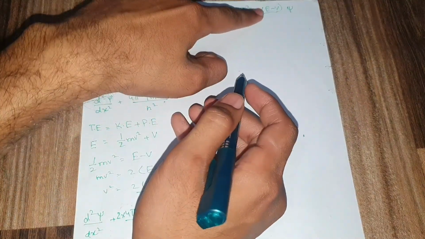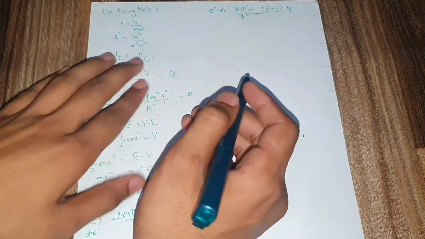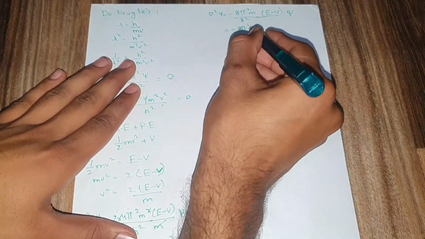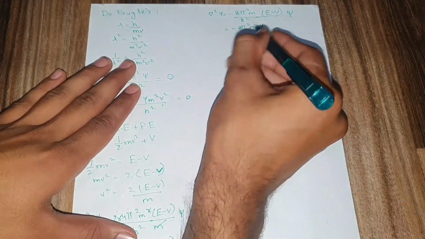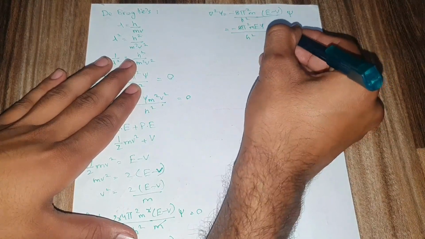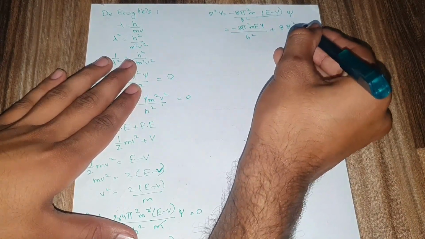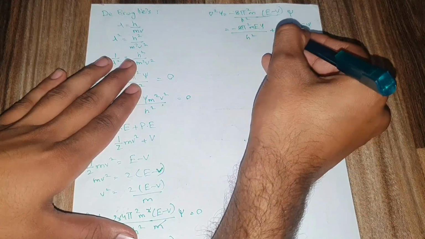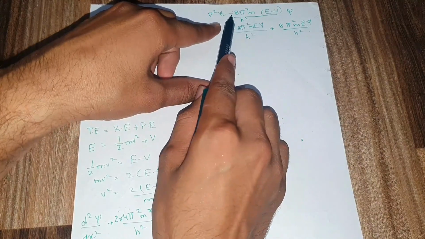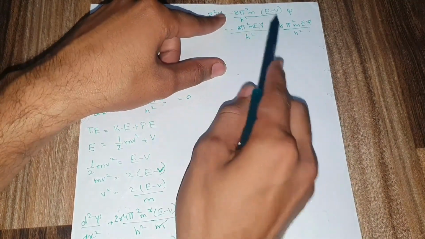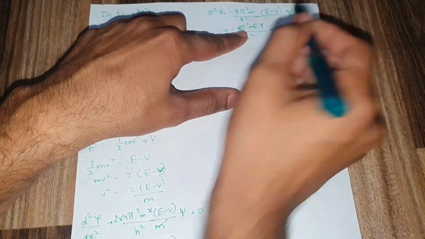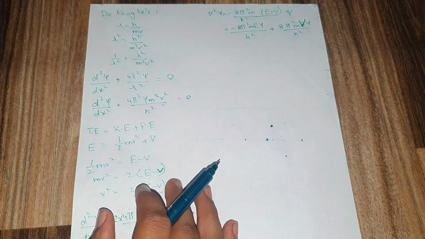So I am going to multiply all of this equation with E and V. On multiplying, the equation becomes just like that. Since minus and minus is plus, here I have put E and here it is V. So the equation becomes just like this.